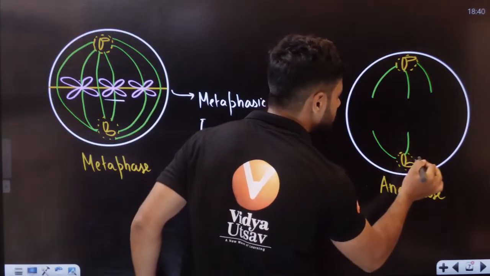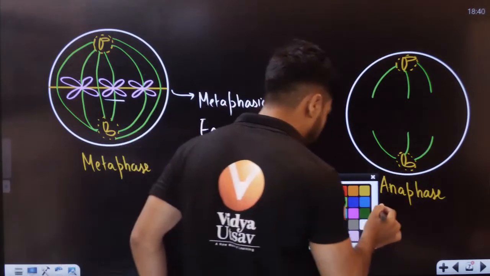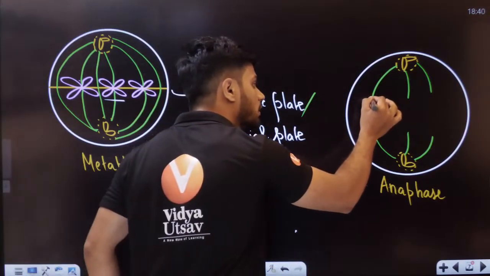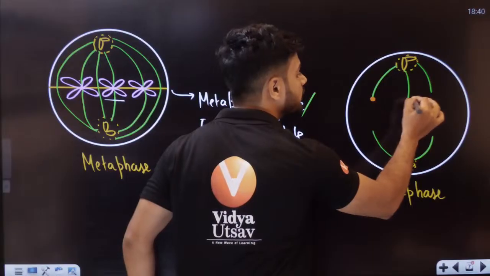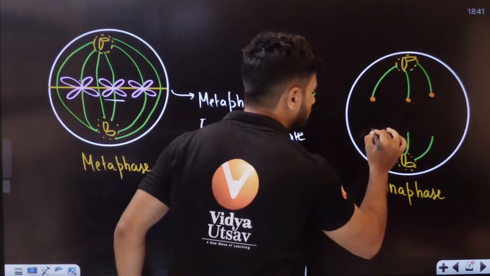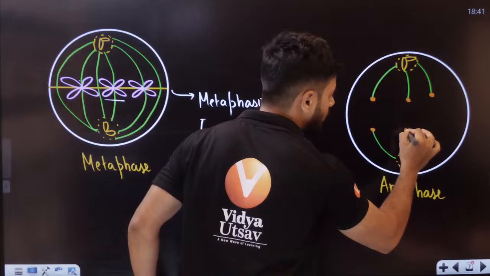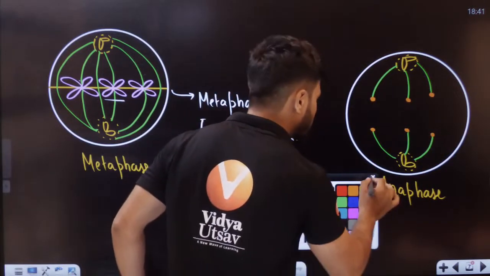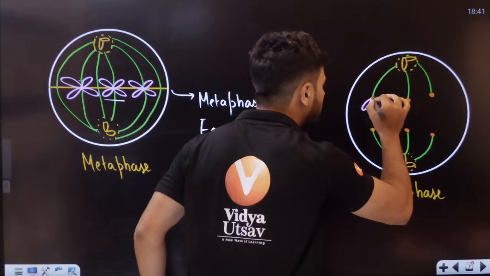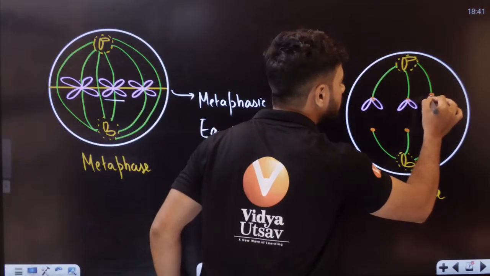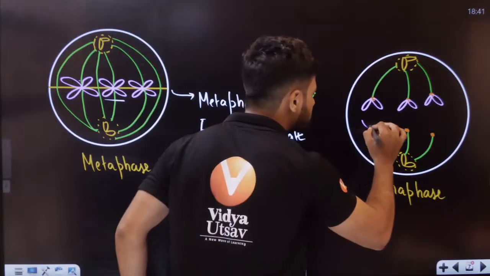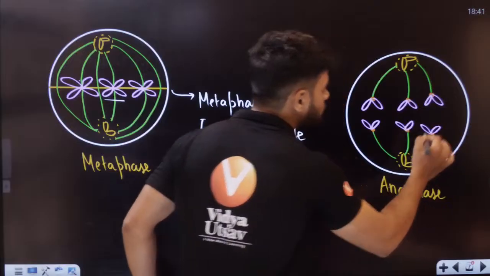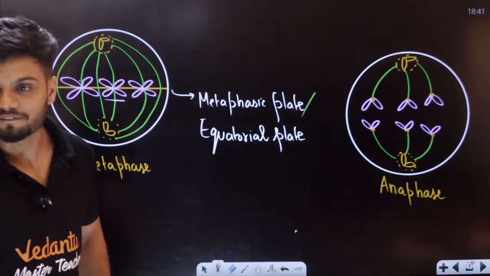At the end of the spindle fiber, we have the centromere. Centromere is right here, and we have the chromatid like this after splitting. So this is how it looks after splitting in the case of anaphase, students.